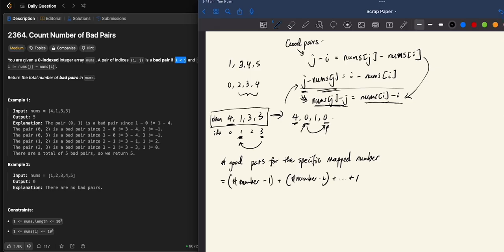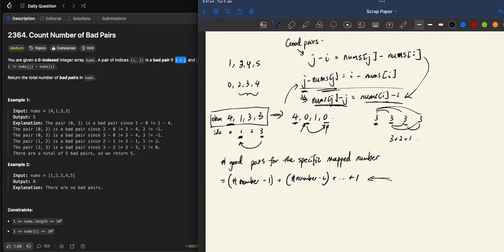So why is that? Let's say we have 4 3s. This first one can form 3 pairs with the 3s at the back. This one can form 2 pairs, and this one can only form 1. So if we have 4, we are basically doing 3 plus 2 plus 1. That's basically what this badly named equation means.